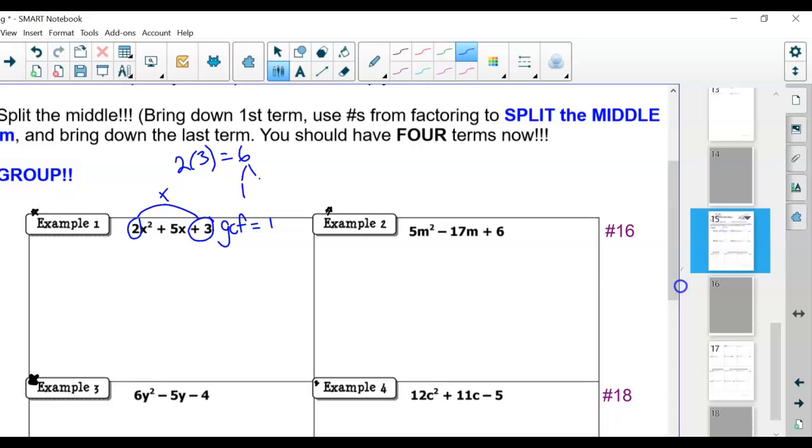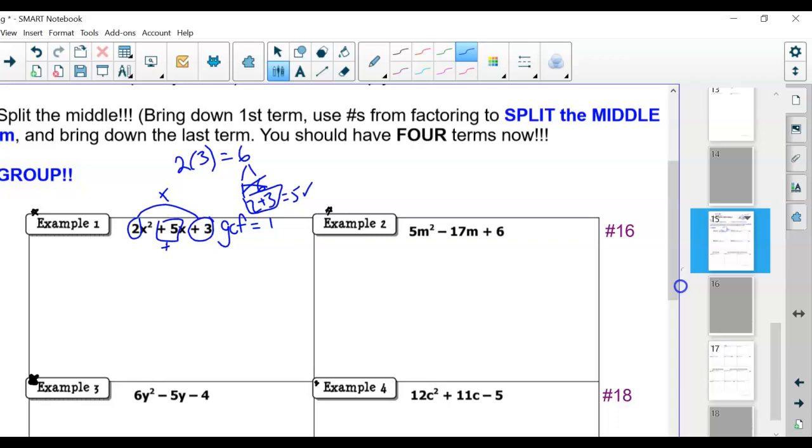I know 1 and 6 and 2 and 3. If I multiply those, I get 6. So I'm looking at which of these sets of factors, if I added them together, I would get 5. Well, if I add 1 and 6 together, I will not get 5. But if I add 2 and 3, I will get 5.